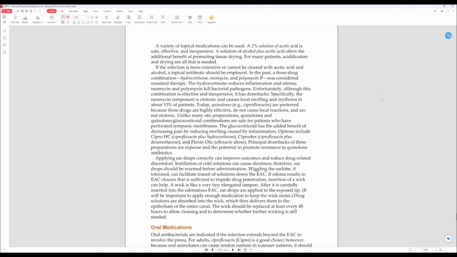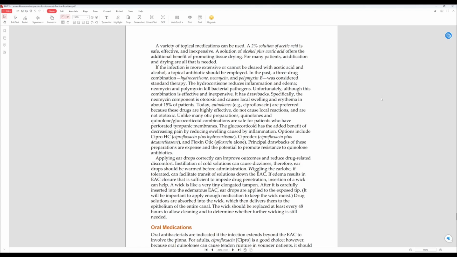Today, quinolones or ciprofloxacin are preferred because these drugs are highly effective and they don't cause any kind of local reactions and are also not ototoxic. Unlike many otic preparations, quinolones and quinolone glucocorticoid combinations are safe for patients who have perforated tympanic membranes.